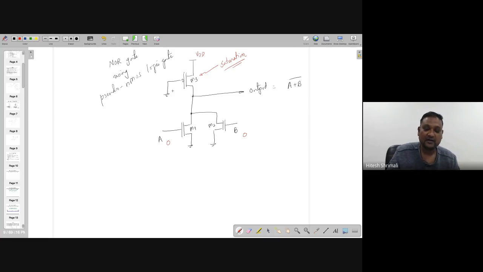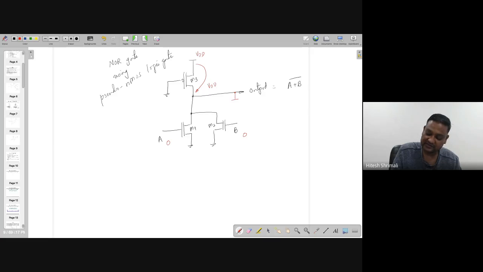And it's going to transfer this VDD to the output. This is the transistor which can transfer logic 1 from source to drain, so that is what is happening over here. So when both are 0, the output is going to be equal to VDD.